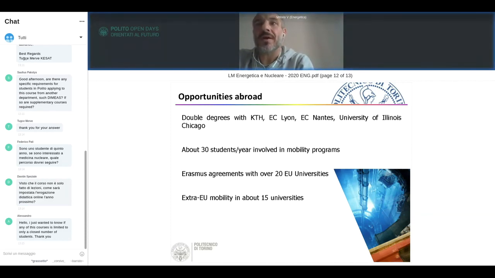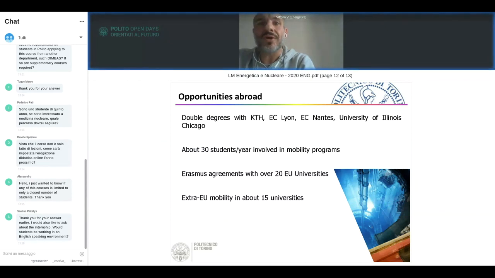So we will use the same platform we have used during this second semester to supply the teaching activities, but it will also be possible to have some specific experience in the rooms.